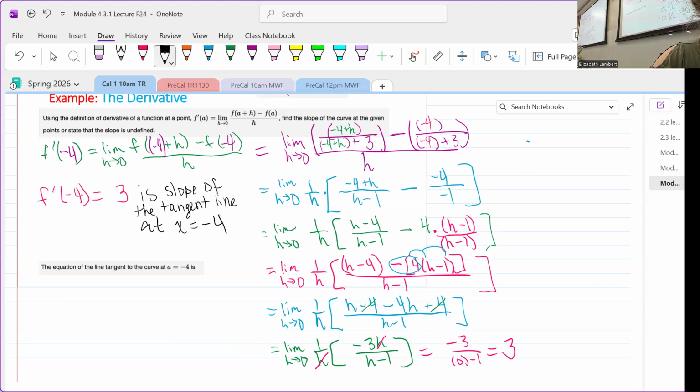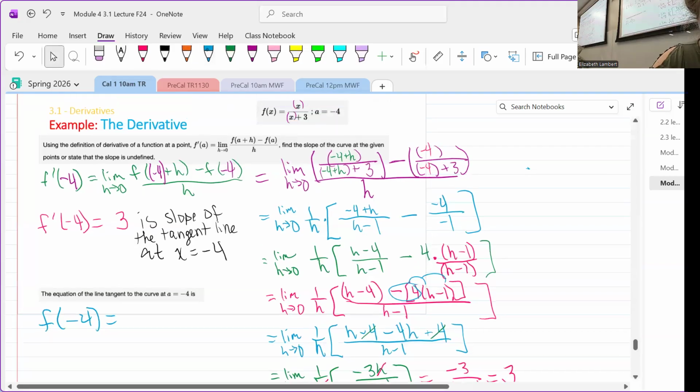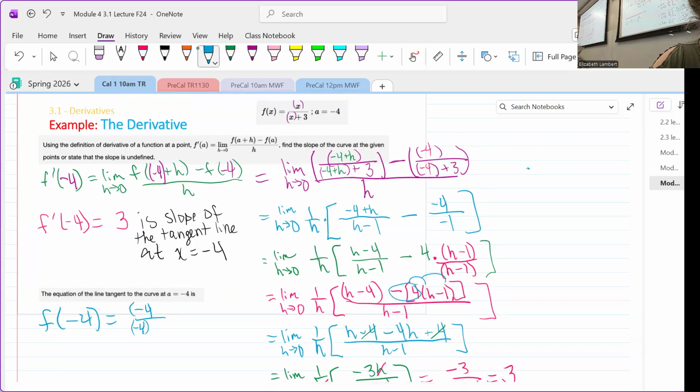So I need to figure out what f of negative 4 is. So that'll be negative 4 over negative 4 plus 3. So negative 4 over negative 1, so 4. So f of negative 4 is 4, and the slope is 3.